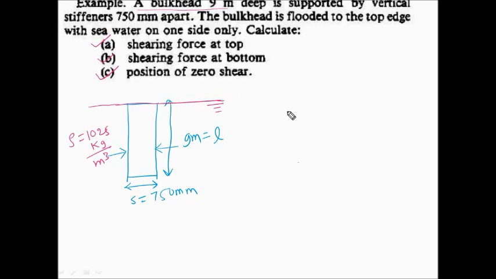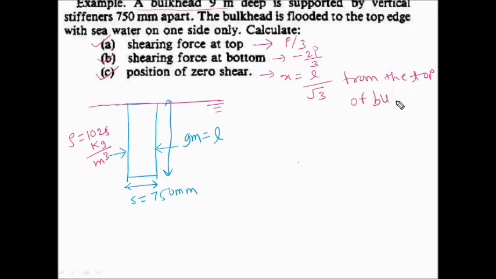From that lecture, we found that the shear force at the top is P by 3. Shear force at the bottom is minus 2P by 3, and the position of zero shear is x equal to L by root 3. Here x is measured from the top of the bulkhead.